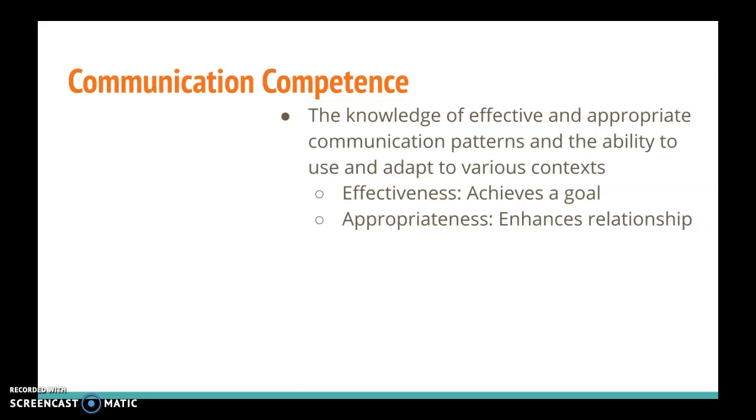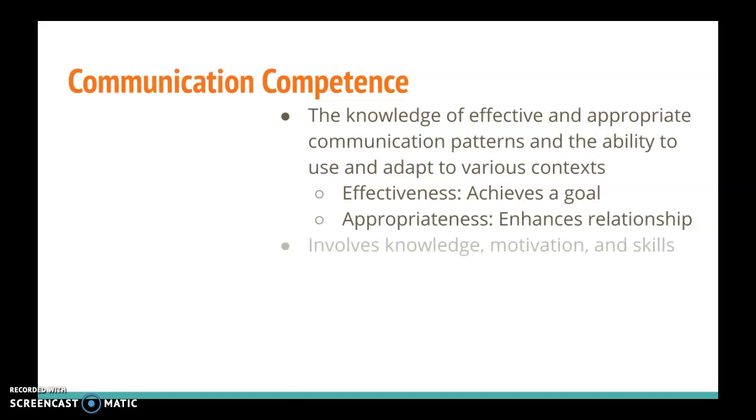If the communication only helps us to achieve a goal but doesn't help to enhance the relationship, it's not competent communication. And vice versa, if the communication only helps to enhance a relationship but it doesn't help us to achieve a goal, we're not being competent communicators.